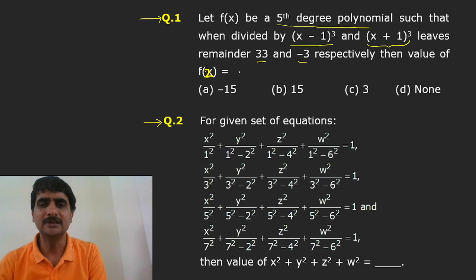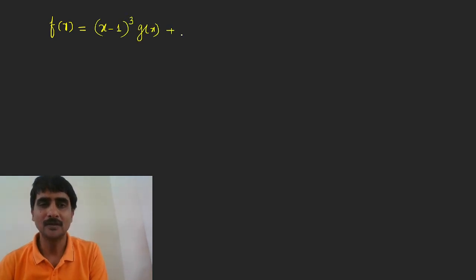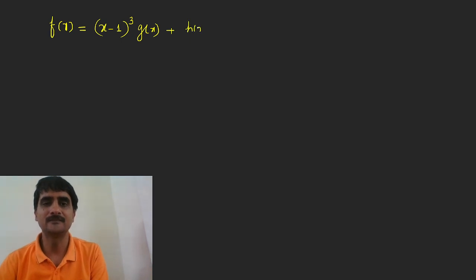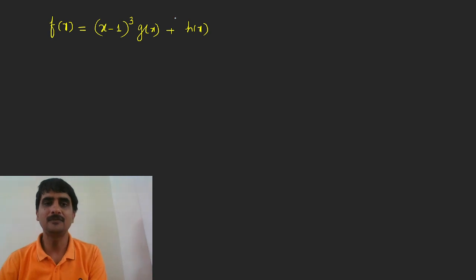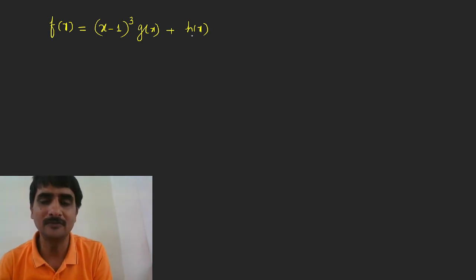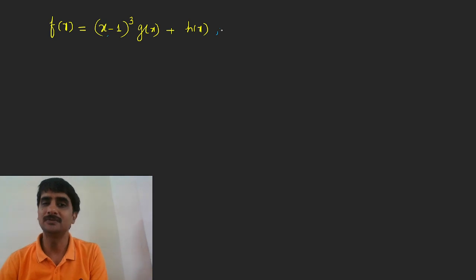Okay, or let's see, the biggest thing is, if we get f of x we can get anything, so the target is to get f of x. So f(x) is a fifth degree polynomial. I will say f of x is like (x minus 1) whole cube g of x plus some h of x remainder. I am writing it in the form of the division algorithm: dividend is equal to divisor into quotient plus remainder.